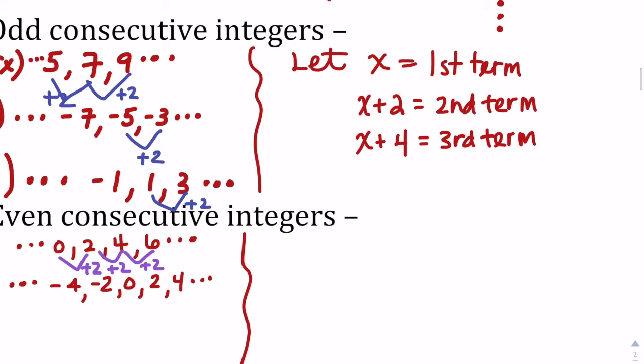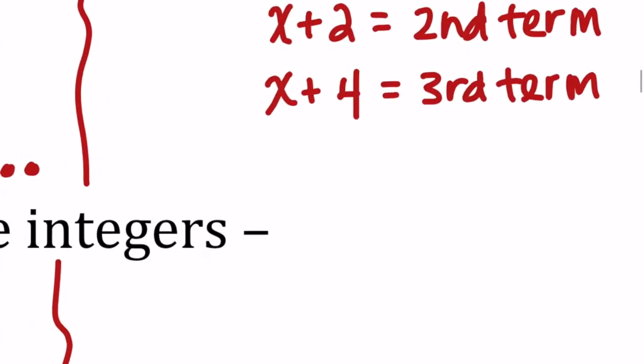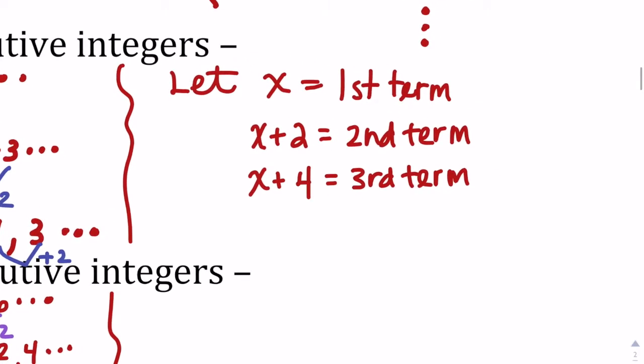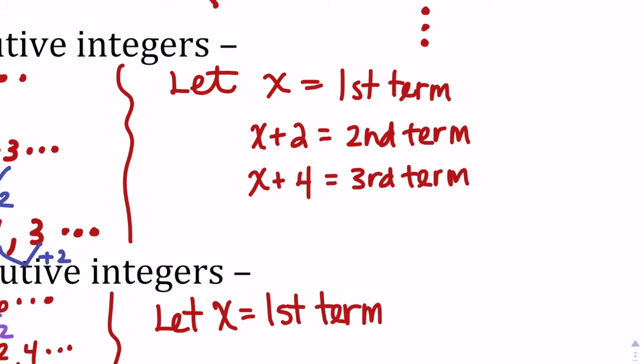Okay? So let's take a look. How do you set that up? So I'm going to say, let x equals first term. The reason we keep saying that is because we don't know where we want to start. I might want to start at 100, then that pattern still will work.